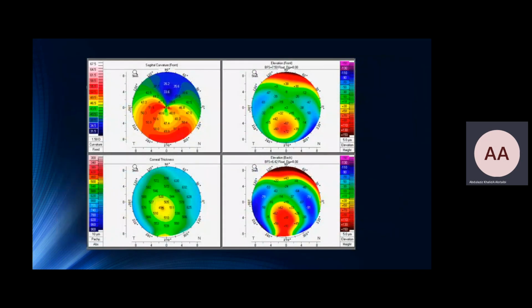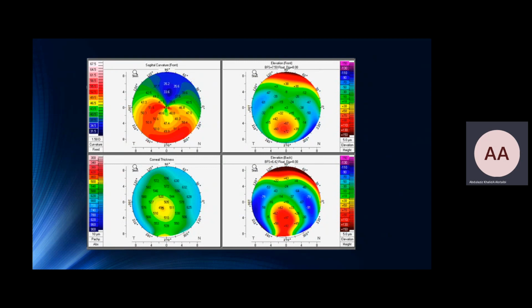In this case, can someone interpret this topography? Exactly. So in this photo, I can see this digital curvature map. There's also steepening of the cornea inferiorly and also an area of flattening superiorly.